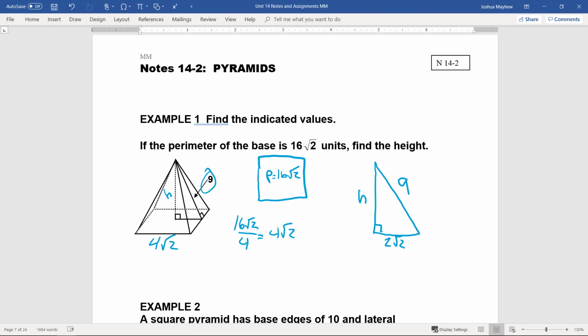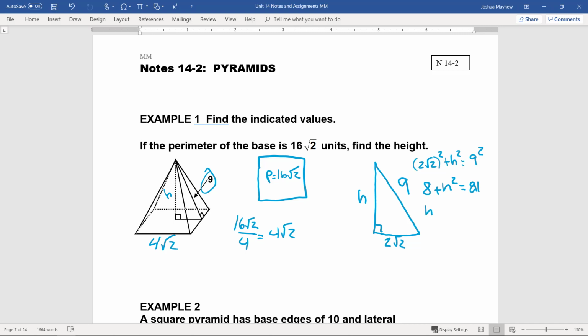Notice we have a right triangle where we know 2 lengths, so we can figure out the height by using the Pythagorean theorem. So 2 square roots of 2 squared plus h squared is equal to 9 squared. 2 square roots of 2 squared is 8, and 9 squared is 81.